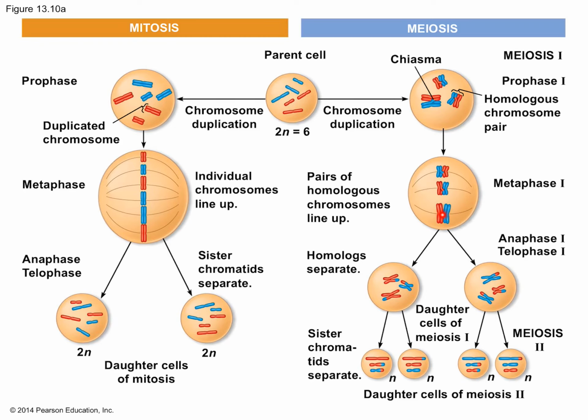They line up in metaphase 1 in double file. Compare that to single file in mitosis. And again, because you have a fiber attached to only one side, that side, and one side here, when those fibers retract in anaphase, this entire chromosome goes that way, this entire chromosome goes that way. That's what reduces our 6 to 3, 6 to 3.